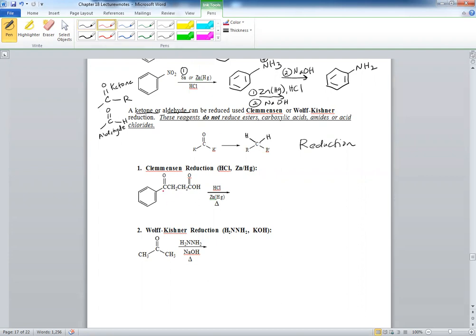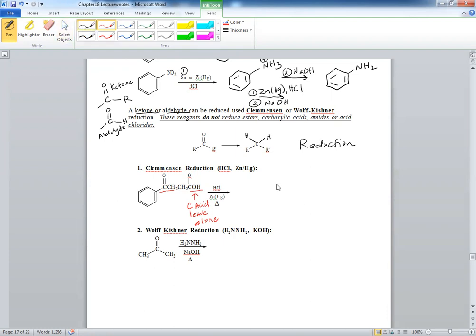In this case, you have a ketone right here, but you don't have a ketone here. You have a carboxylic acid. So you leave that alone, even if it's an amide or an ester. Your only business is to convert the ketone or the aldehyde.